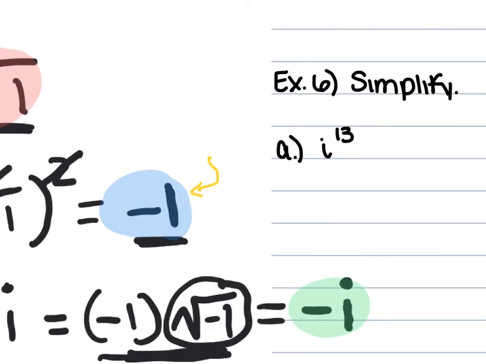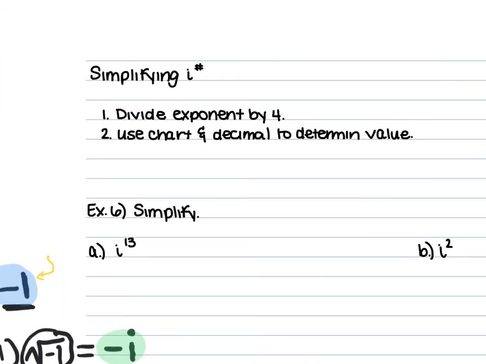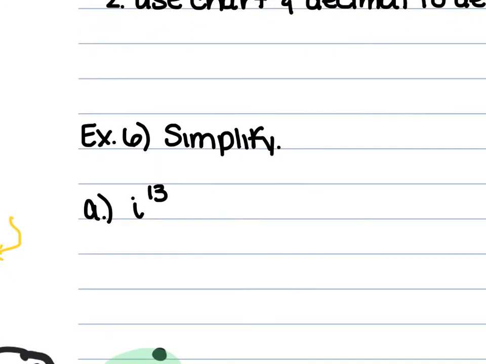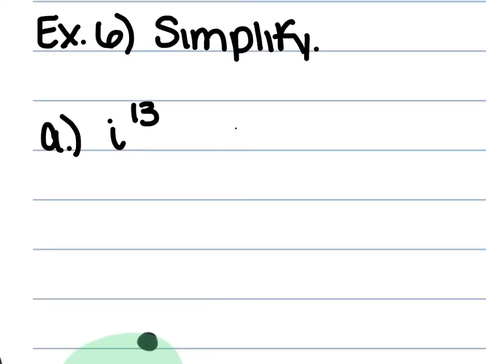So let's try this. Here's what we're going to do, and this is going to be our step every time. We are going to divide the exponent by 4. Let's take this exponent and divide it by 4.